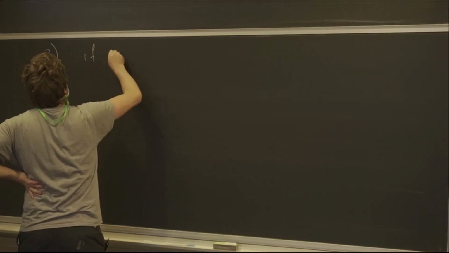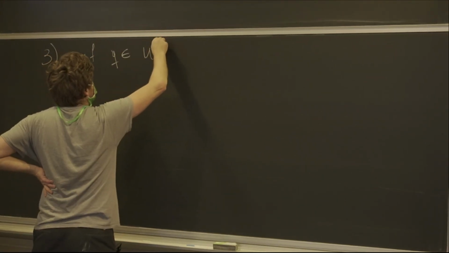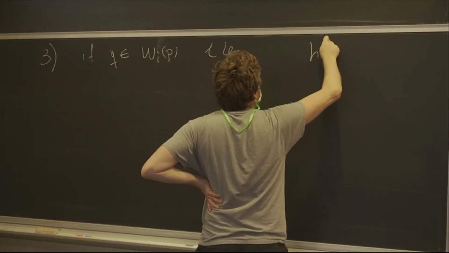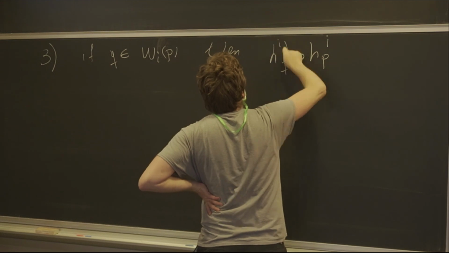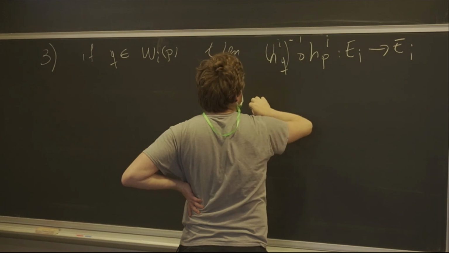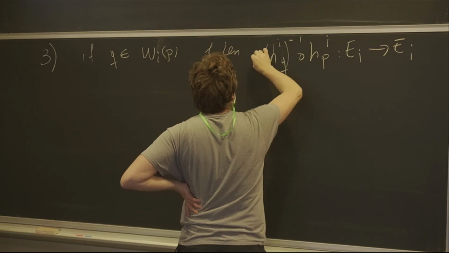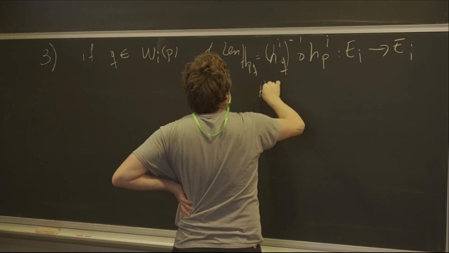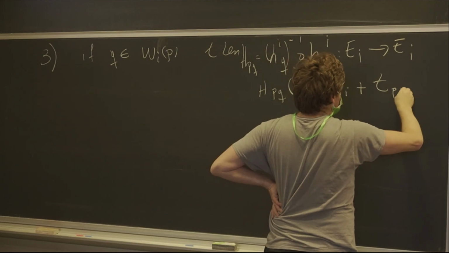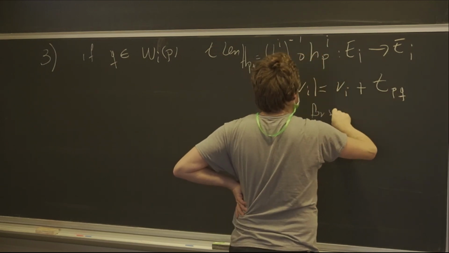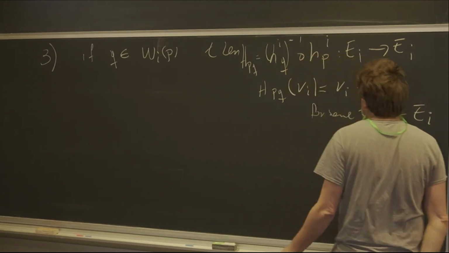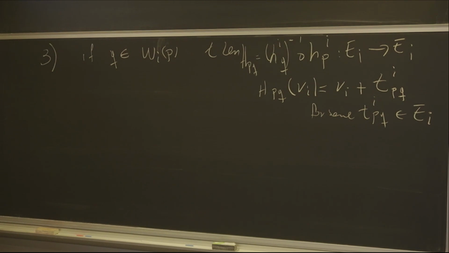So if Q belongs to Wi of P, then I go with P, I go back with Q. This goes from EI to EI, and I get that this transformation, we call it HPQ, of BI is BI plus some TPQI in EI. It's just some translation by a number, and that's why it's called an affine structure.